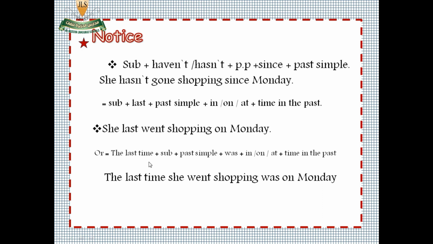The only difference is instead of she last went, I wrote the last time. And then she went shopping was on Monday. So if I'm going to start with she last went shopping on Monday. But if I'm going to put the last time she went shopping, I will put was and then in, on, at, and the time in the past.